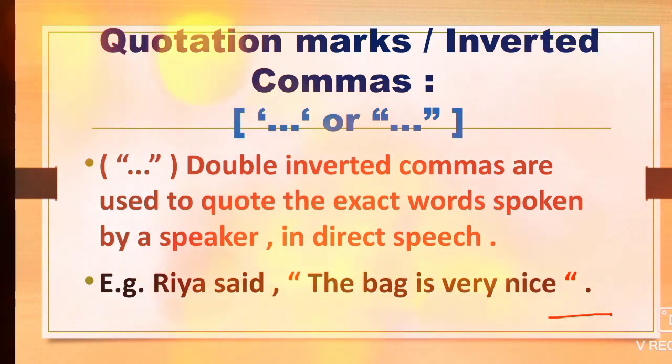So here two persons are talking about a third person, Riya, and the second person used all these words for the third person: the bag is very nice. So when you write the same sentence as spoken, at that time you use double inverted commas. Like Riya said, "The bag is very nice."